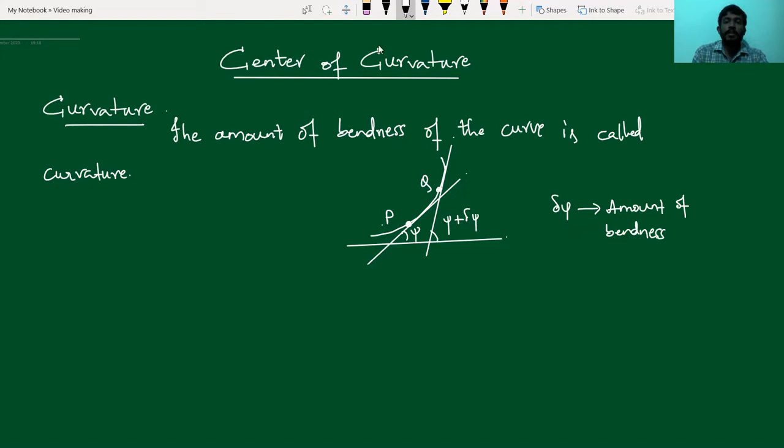Now we move to the definition of center of curvature.